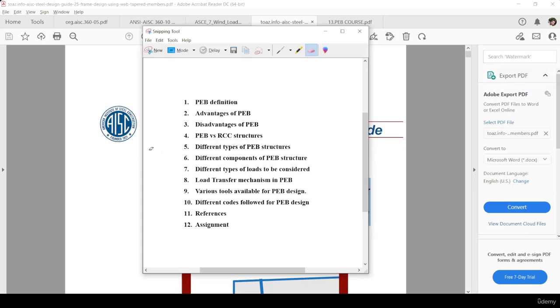And what are the various tools available for PEB design we have seen, like StatPro, ETAPS, MBS, Tekla, etc. And what are the different codes followed for PEB design in different countries we have seen, like US and Indian standards, because most of the people are well known of Indian standards here and AISC standards. And we have seen some references from where we have taken, and I have given you some assignment for this lecture to move on further.